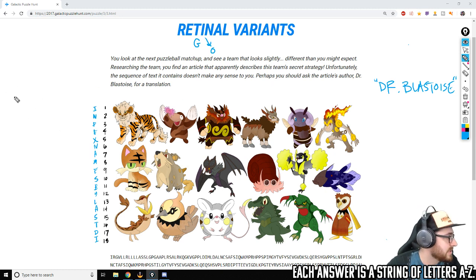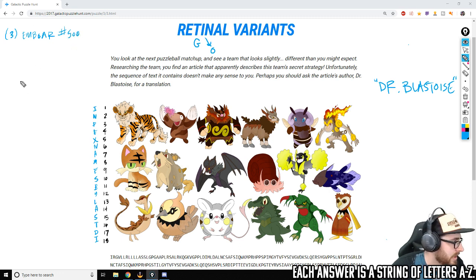Let me index these and let's see what we got. If we index them from 0, the third one is Embor at number 500. So after the 0, we'd have a 1, and that's Oricorio.